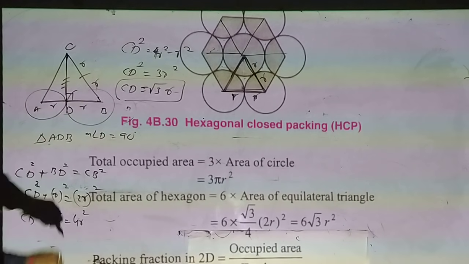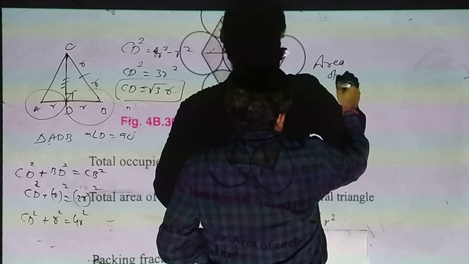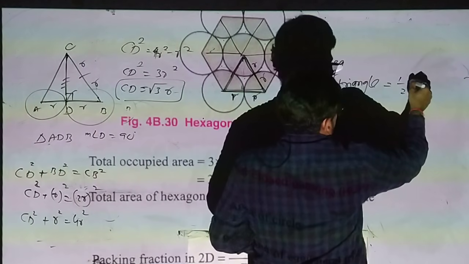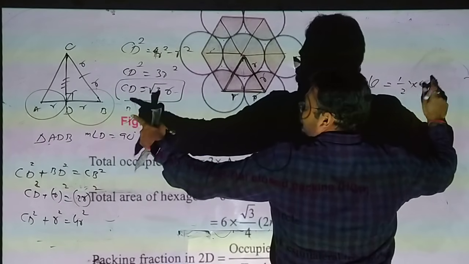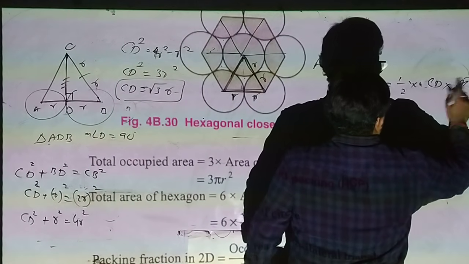This is important. Now the area of a triangle is 1/2 into CD into AB.